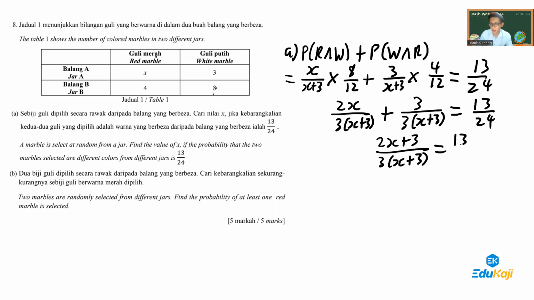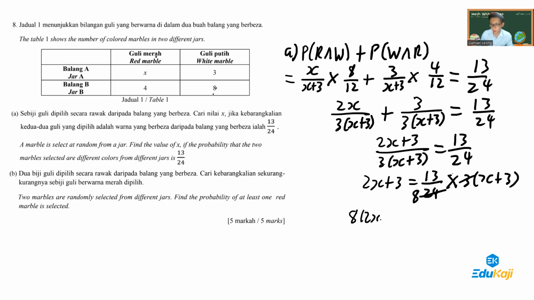So I can bring the 3 times x plus 3 up, which I can cut here. Becomes 8. So bring over the 8. 8 times 2x plus 3 is 13 times x plus 3. 16x plus 24 is 13x plus 39.